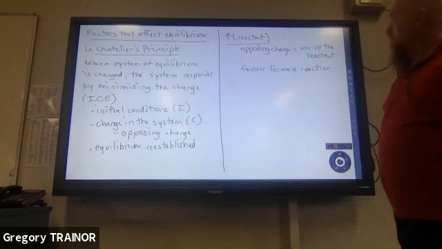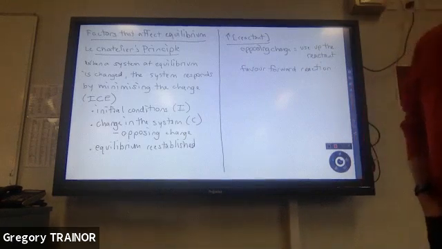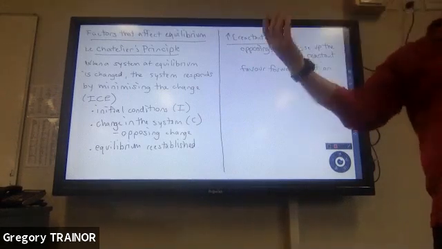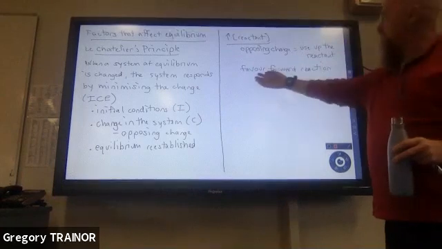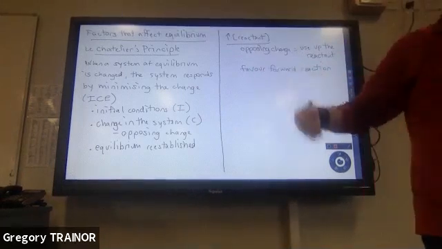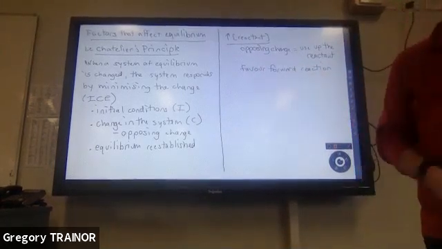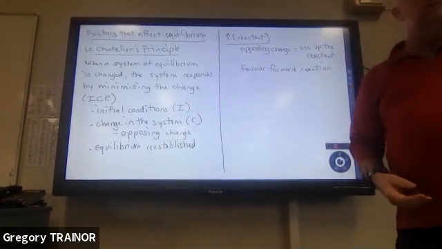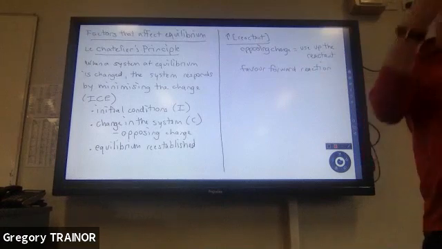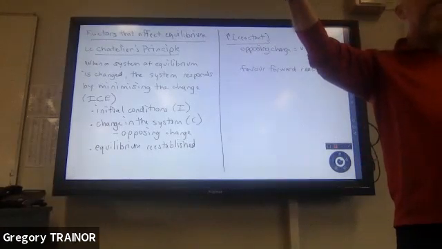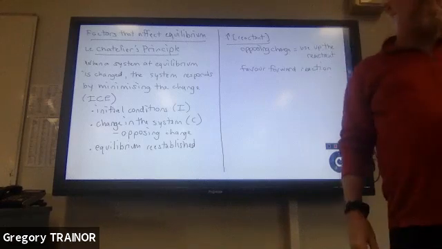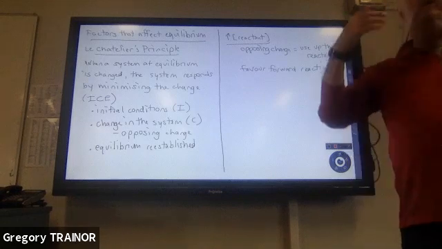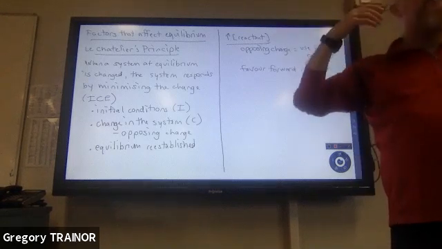Now, when you come to answer questions about Le Chatelier's principle, you need to put it in terms of the reaction that you're given. So don't just say favour the forward reaction. If we're talking about, say, the cobalt complex going to cobalt chloride, if we increase the amount of water in the solution, it's going to turn from blue to pink.